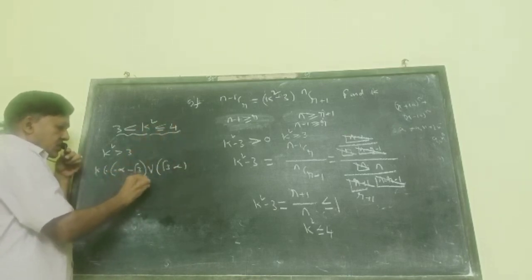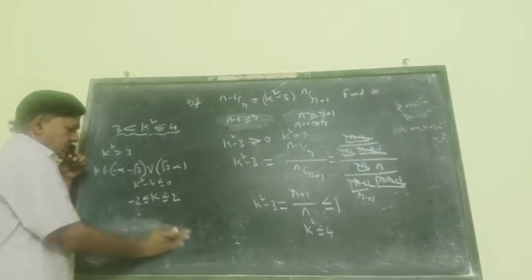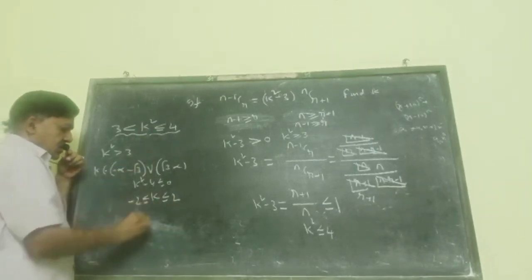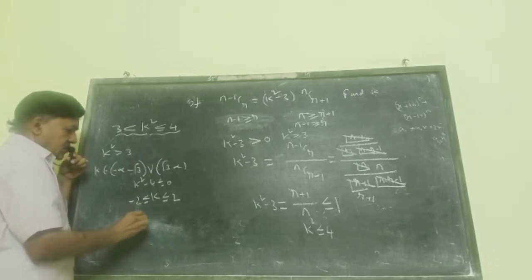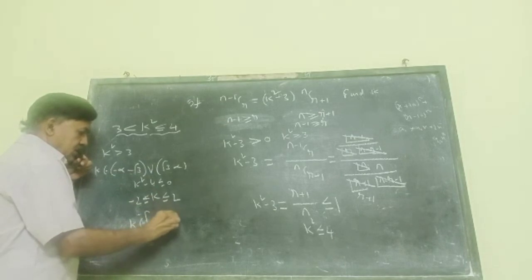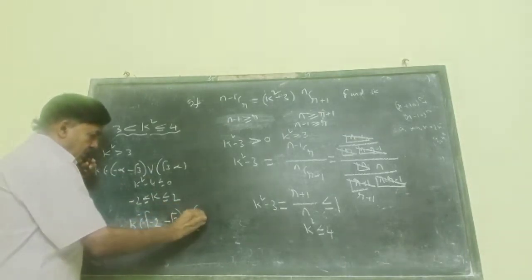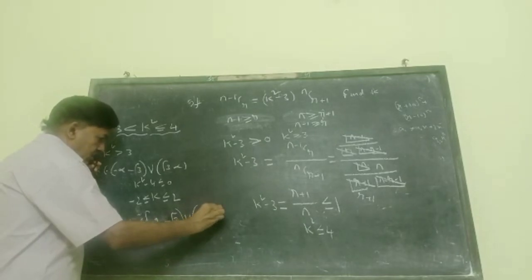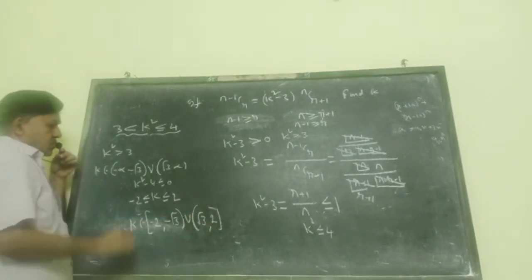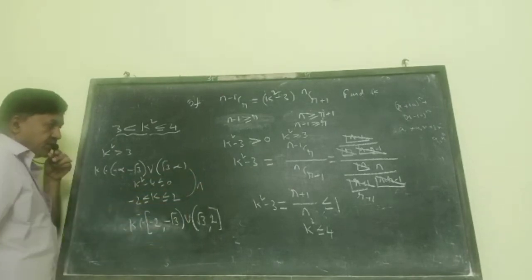If we solve K square minus 4 less than or equal to 0, it means K lies between minus 2 and 2. What is the intersection of these two? K belongs to closed minus 2 to minus root 3 open, union open root 3 to closed 2. Yes, I think you know how to write the intersection of these two.